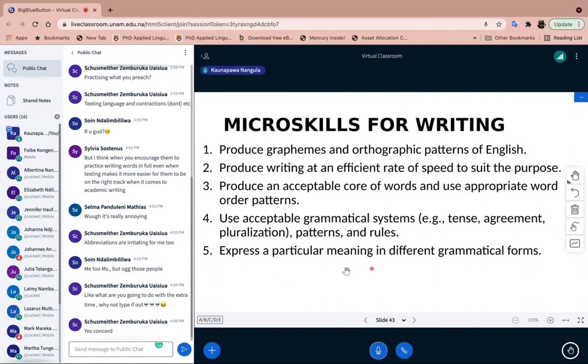Express a particular meaning in different grammatical forms. There isn't always one way to say a certain thing. There are always different ways to express an idea, and it's good to use those grammatical forms. So rather than always writing simple sentences over and over, you can change it up.